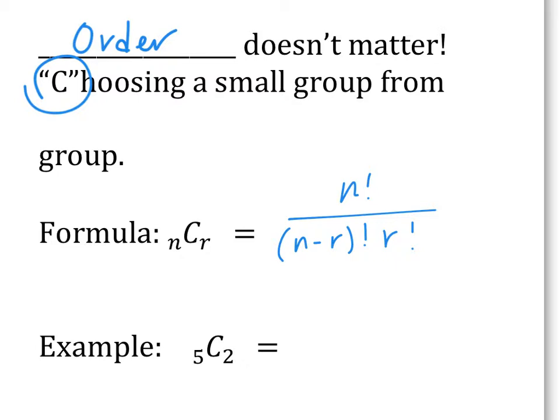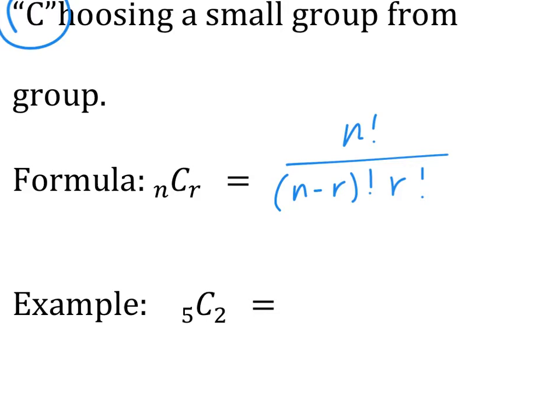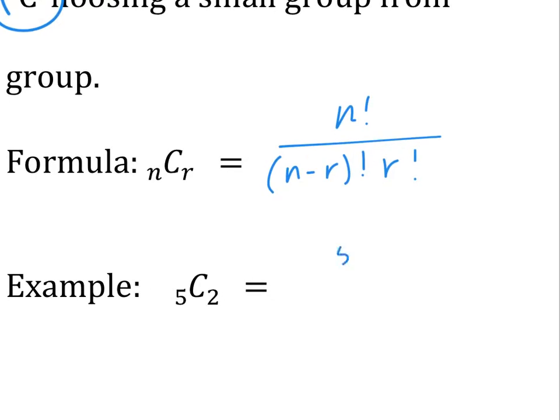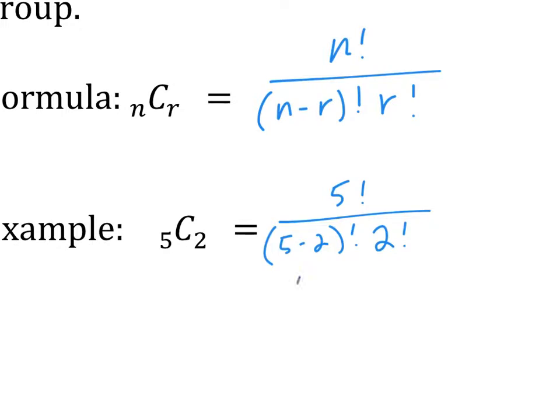Okay, so same numbers, 5 and 2, but let's do 5C2. So that is 5 factorial divided by 5 minus 2 factorial divided by 2 factorial. So let's take a look. 5, 4, 3, 2, 1, divided by 5 minus 2 is 3, so that's going to be 3 factorial and then 2 factorial.